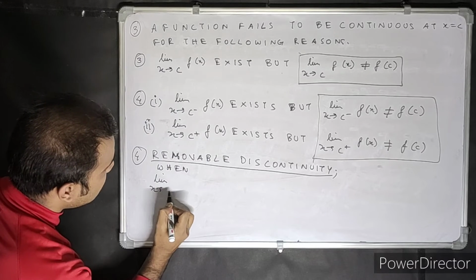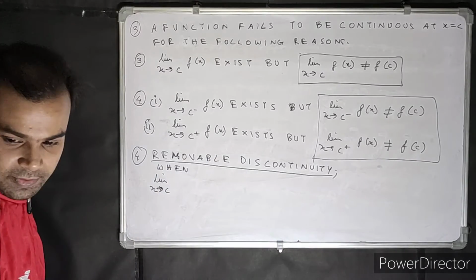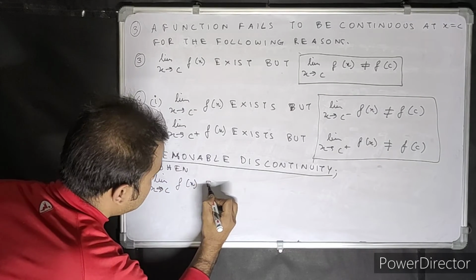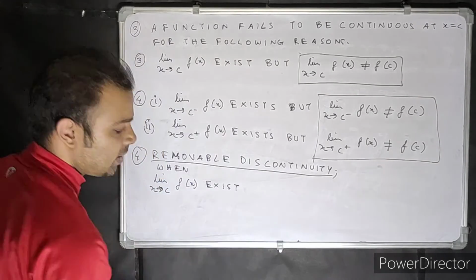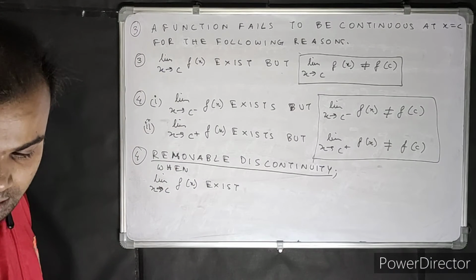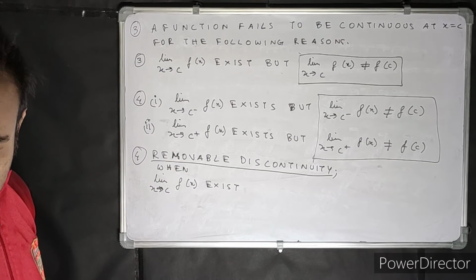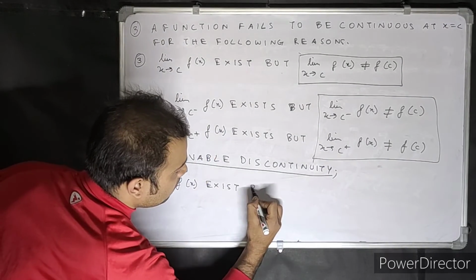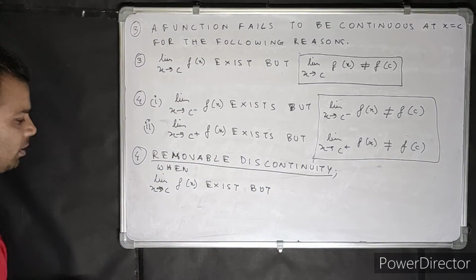When limit of x tends to c, f of x exists. Okay, no problem, it does exist, but two things will happen.